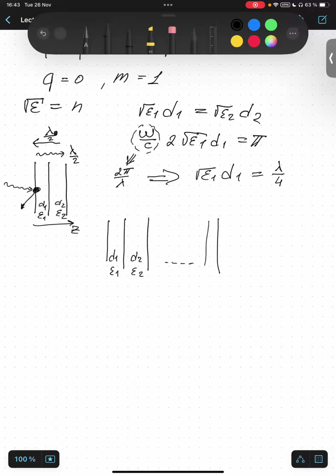So we usually have n layers. We have some incident wave, we have a reflected wave, and also a transmitted wave.